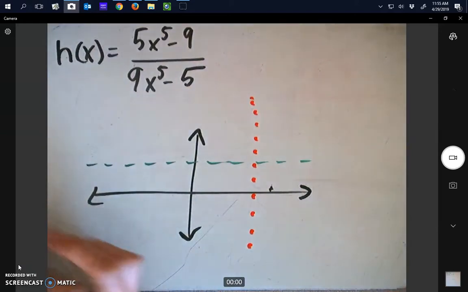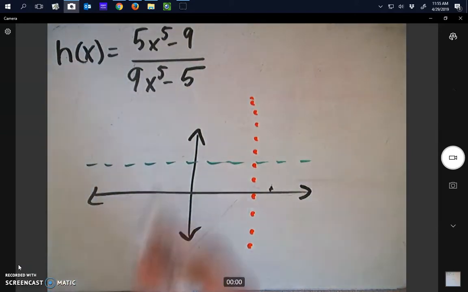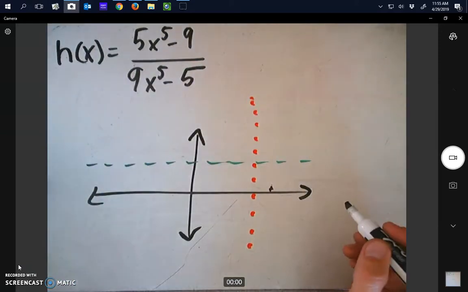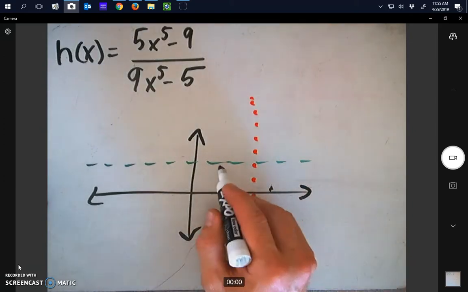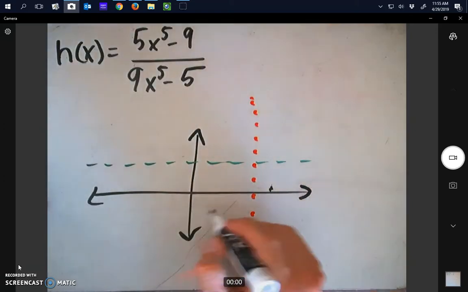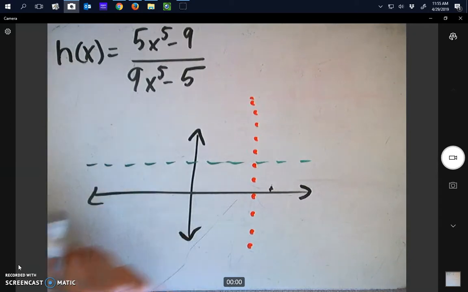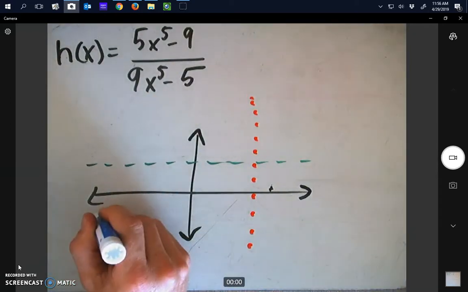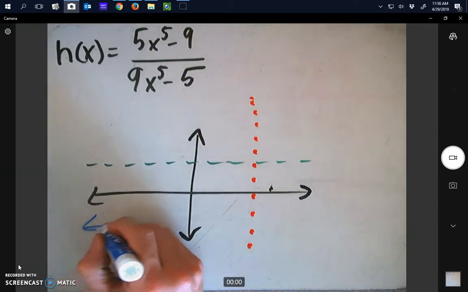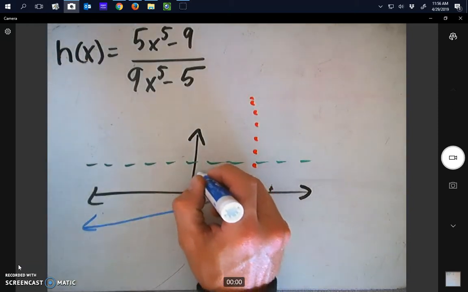On some questions, like this one up here, there will be a horizontal asymptote. Not all of them have it, but some do. What that is: we could have a graph. Let's say it starts way out here, coming this way, and we go a little bit and then back this way.